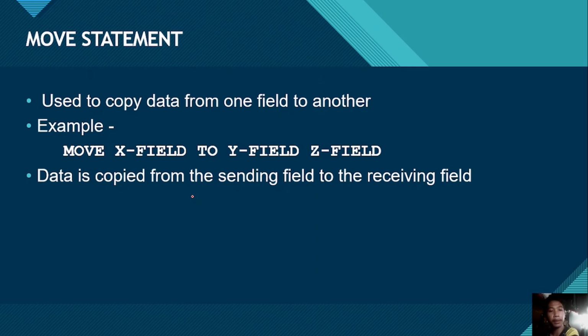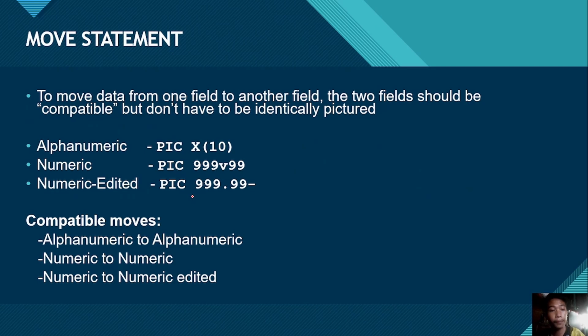So the move statement is used to copy data from one field to another. For example, move X field to Y field, Z field. So data is copied from sending field to receiving field. To move data from one field to another, the two fields should be compatible but don't have to be identically pictured.